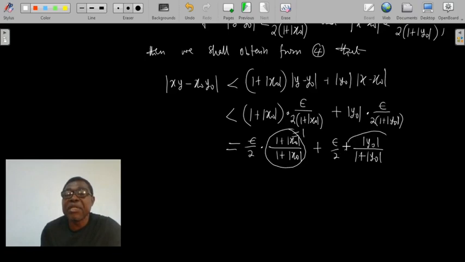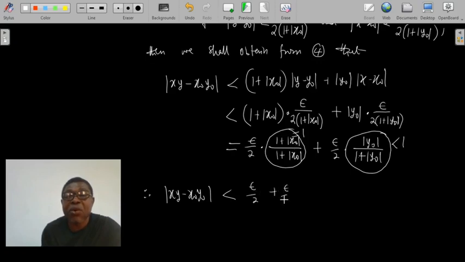Whereas this entity, which is absolute value of y naught over 1 plus absolute value of y naught, is strictly less than 1. And this means, therefore, that with this condition, absolute value of xy minus x naught y naught is less than epsilon over 2 times 1, of course, then plus epsilon over 2 times 1.